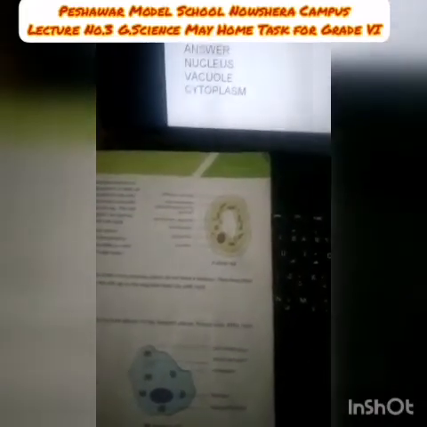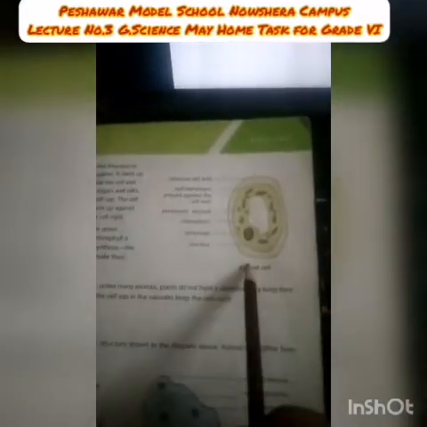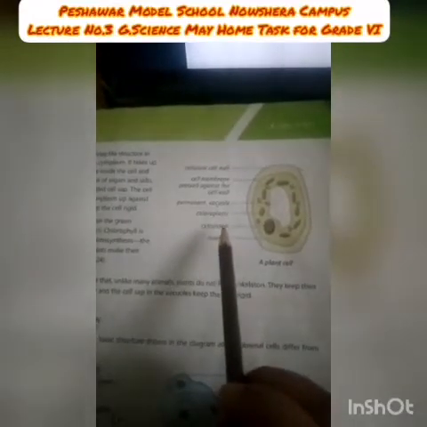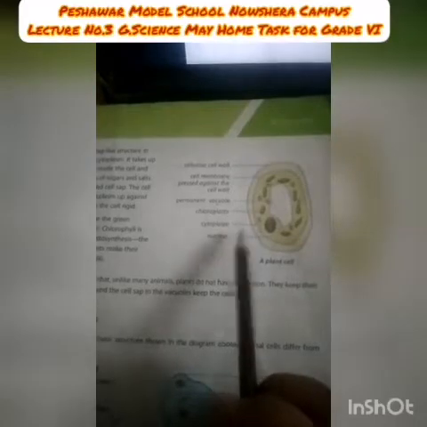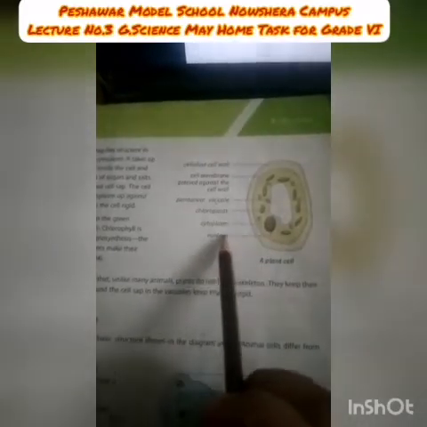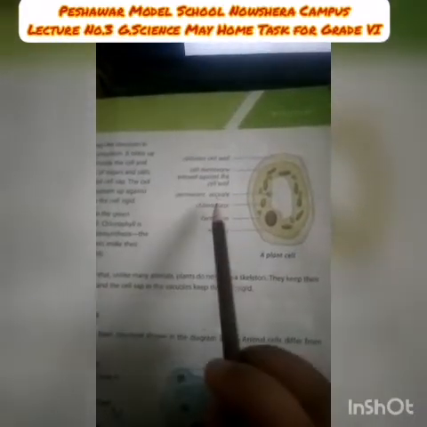On page 3 there is a plant cell. In the plant cell you will label where the chloroplast is. This is the nucleus. This part is the cytoplasm.